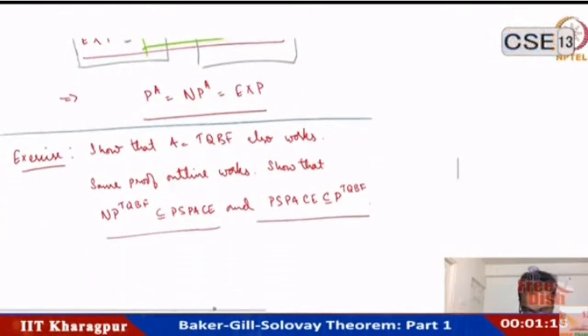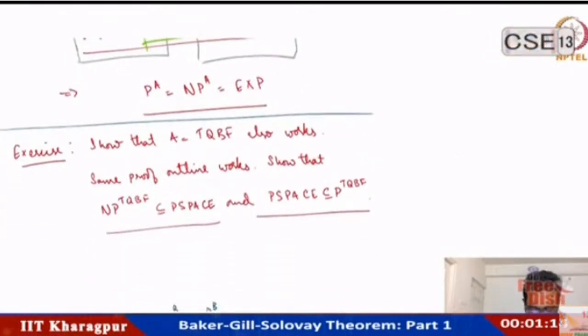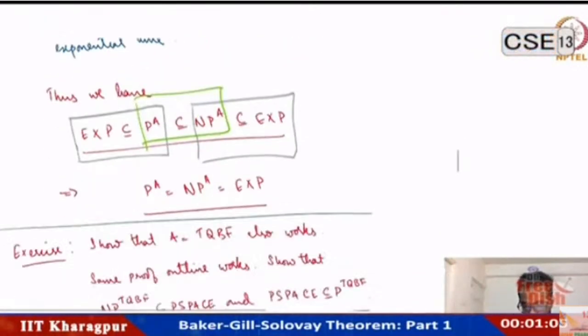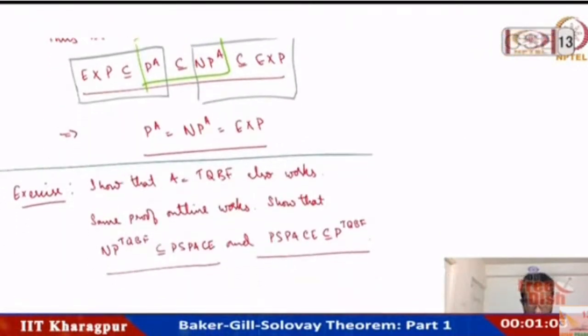There's one more thing I wanted to say. Here we had an exp time language A, an exp time oracle A. Another thing that works is a P-space complete language like TQBF. The proof outline is pretty much the same.